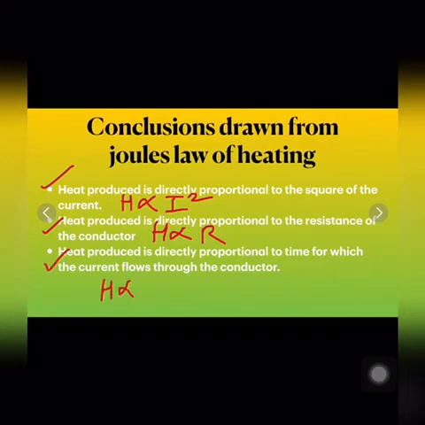If the time is doubled, the heat produced also gets doubled, and if the time is halved, the heat produced also gets halved. So these three things we can infer from Joule's law of heating.